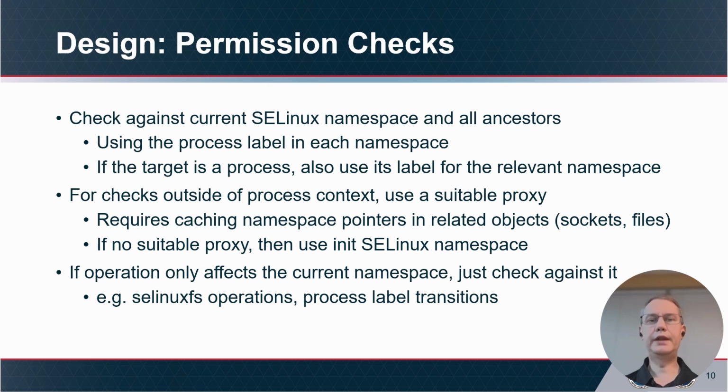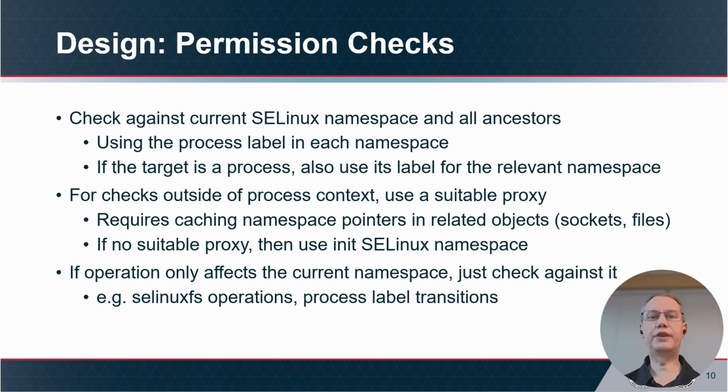Further, not only is it necessary to check against each namespace, but also to use the appropriate process label when performing the check in each namespace, walking up the tree of labels maintained from the credential structure. If the target of a check is a process, then it's also necessary to use the appropriate label for that process from the same namespace in which the check is taking place.